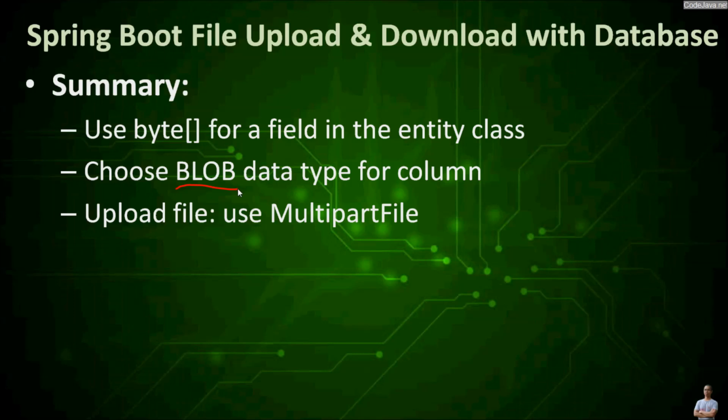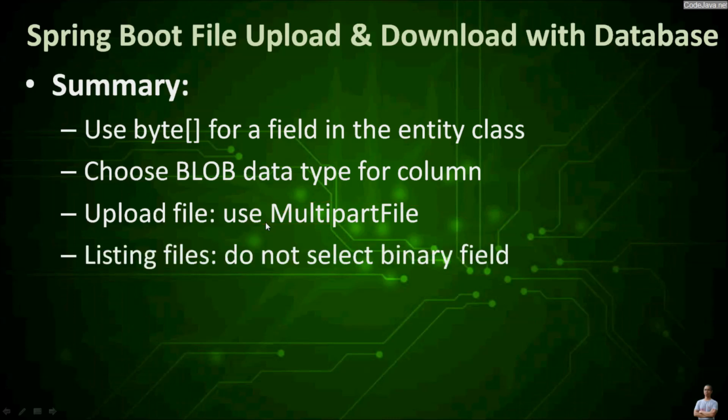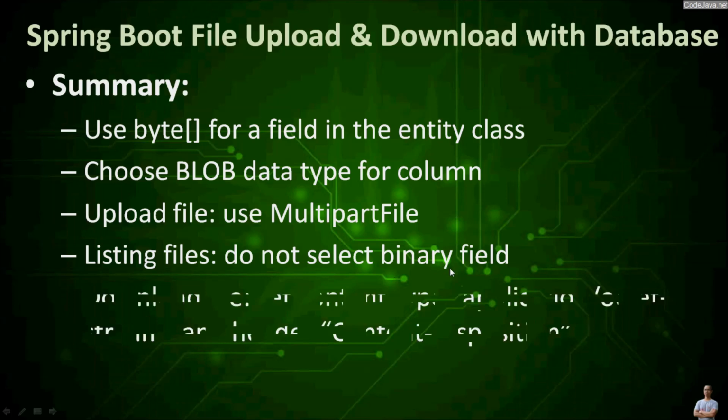And when implementing the file upload function, we need to use the MultipartFile object to get the content of the file uploaded to the server, such as file name, file size, and the array of bytes. And when listing files, we should not select the field that stores the binary content of the file, because in the view layer we don't use this binary data.